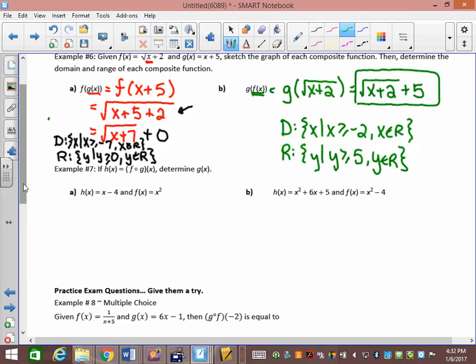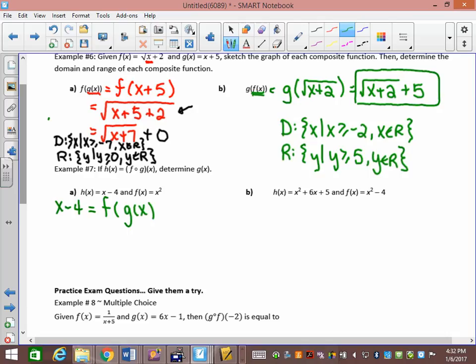Then if we have h of x equals f of g of x, determine g of x. Okay? So let's look at these. We have our answer, x minus 4. And then we have f of g of x. This is h of x equals f of g of x.